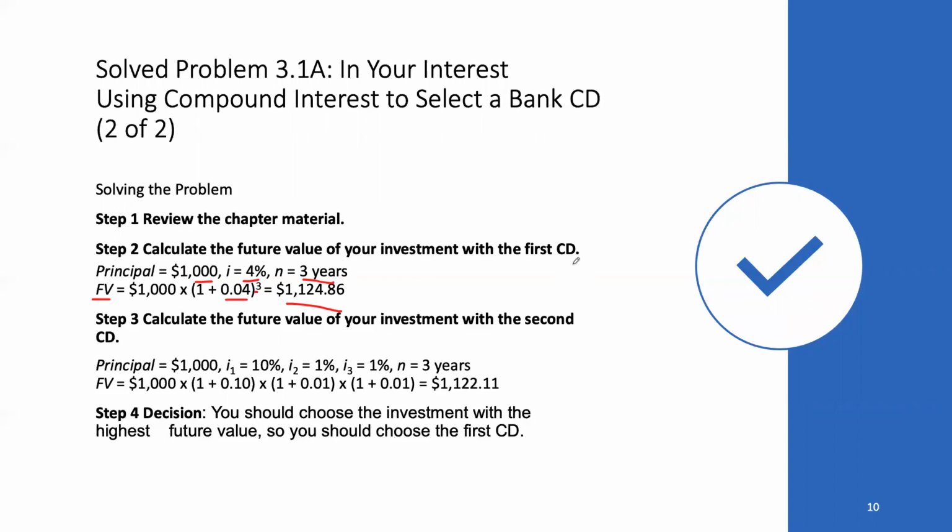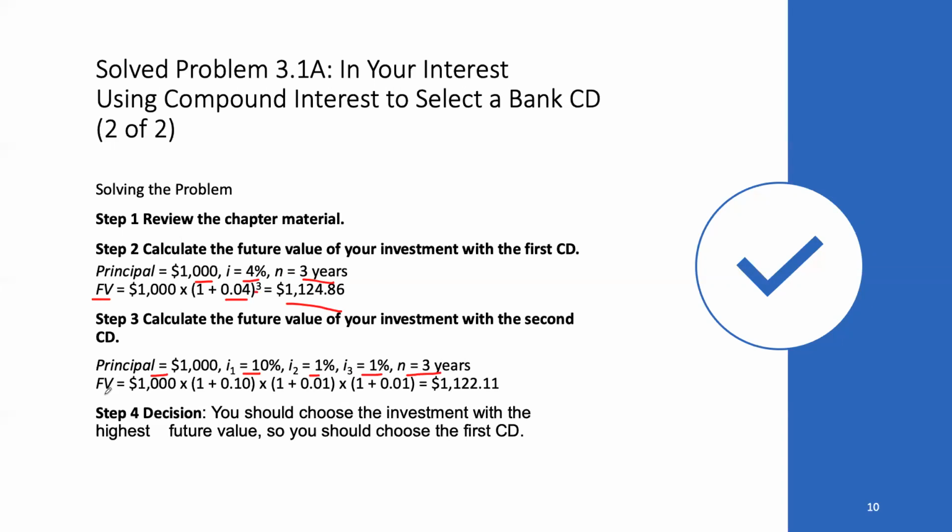What about the second CD? How do I calculate the future value? Okay. In this case, it has different interest rates for different periods, right? So the principal is still the same. The principal is still $1,000, but I have I1, which is the interest rate I earn in the first period of 10%, I2, which is the interest rate I earn in the second period of 1%, and I3, which is the interest rate I earn in the third year of 1%, and then the maturity period of the CD is 3 years.